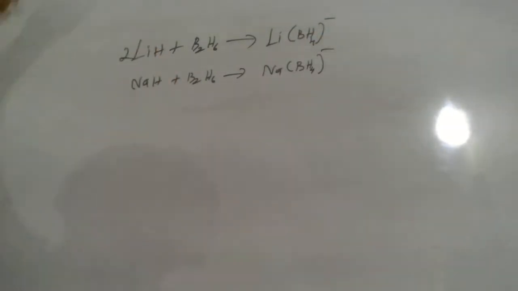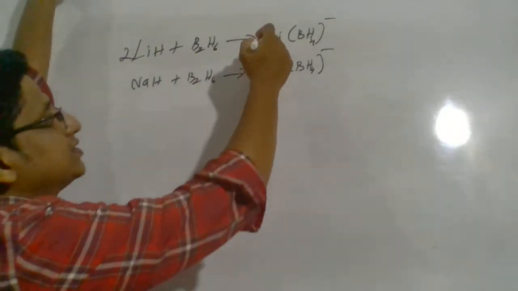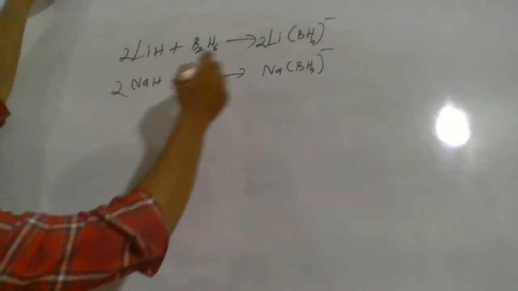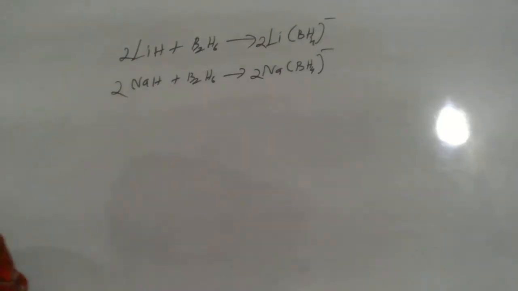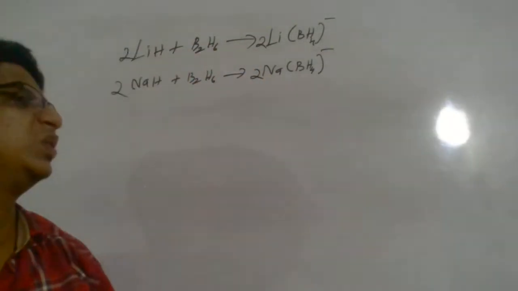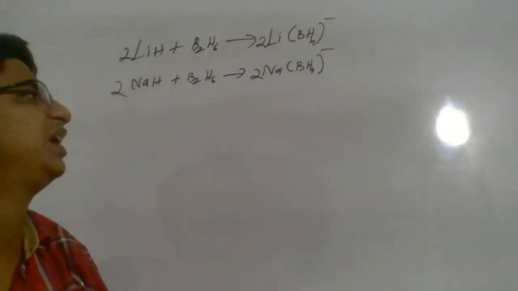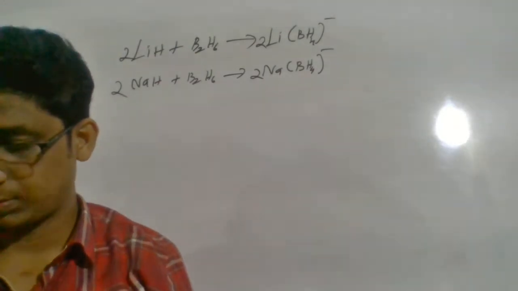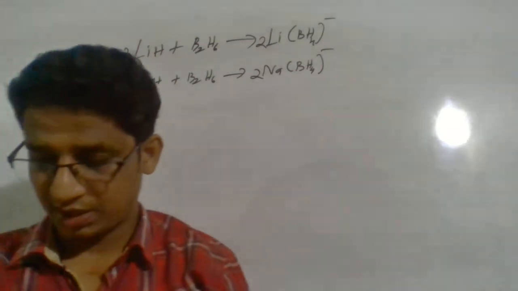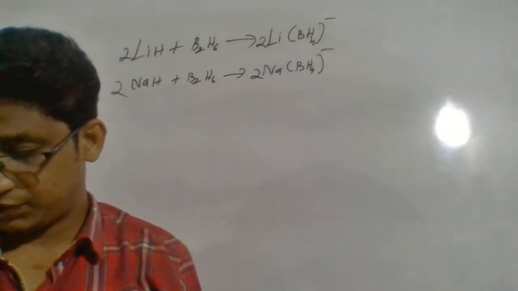Try to balance these two. LiH reacts with diborane to give lithium borohydride, and sodium hydride reacts with diborane to give sodium borohydride. These are two important borohydrides that we generally use for the synthesis of many inorganic and organic compounds. So lithium borohydride and sodium borohydride can be prepared by treating lithium hydride or sodium hydride with diborane. That is an important reaction for you.